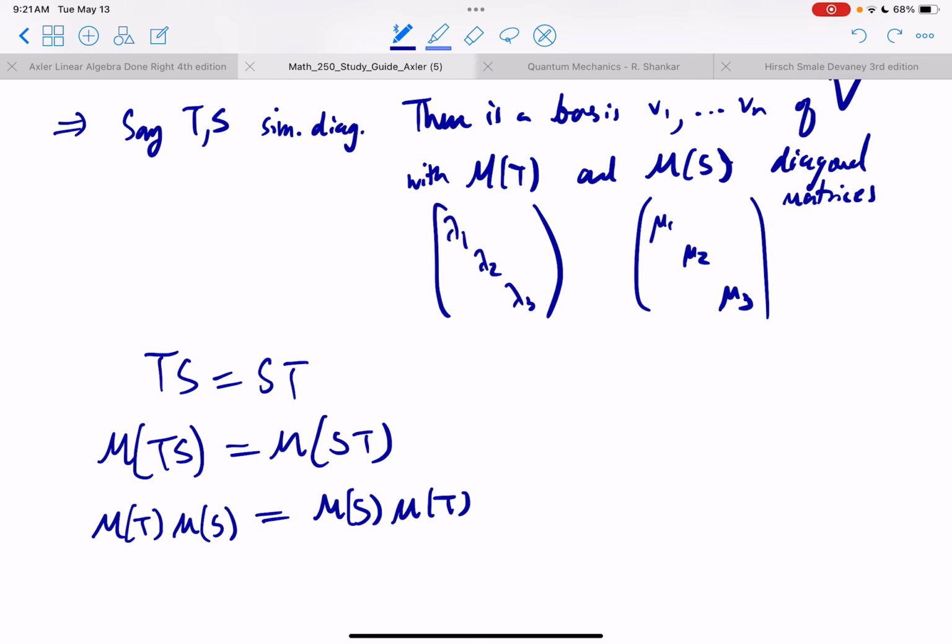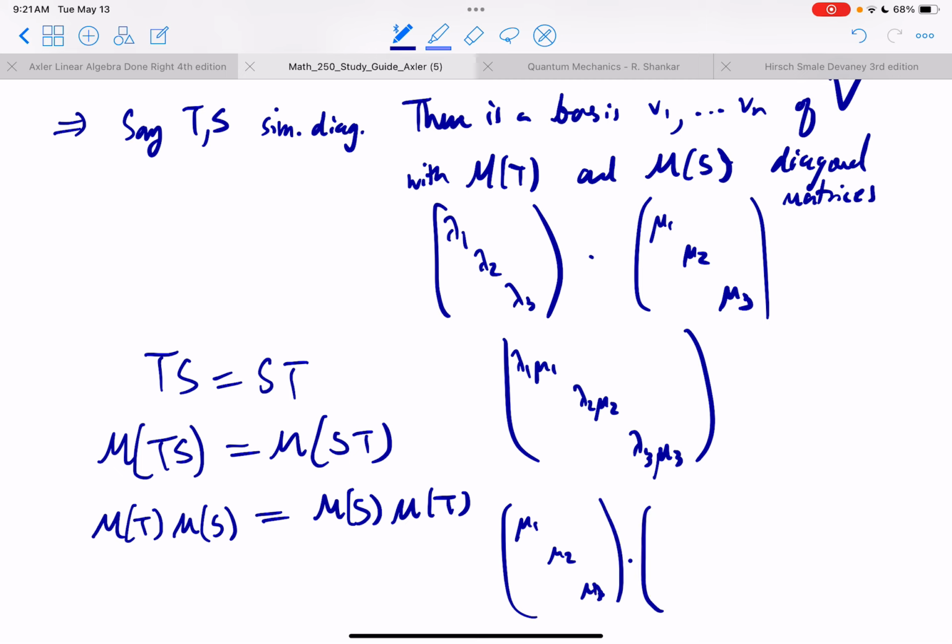You know how you multiply these matrices together? You just get lambda 1 mu 1, lambda 2 mu 2, lambda 3 mu 3, and everything else is zeros. And that's exactly the same thing as if you first wrote the mu matrix and then multiplied it by the lambda matrix.